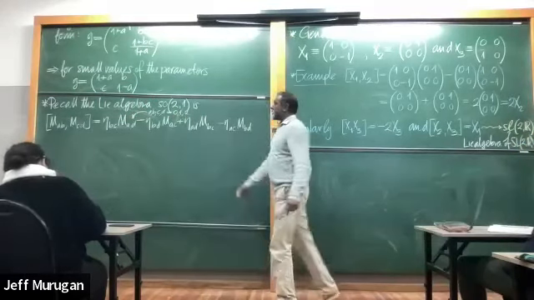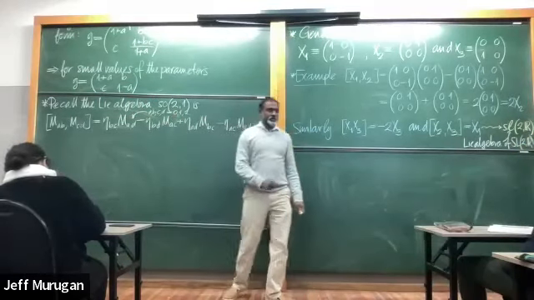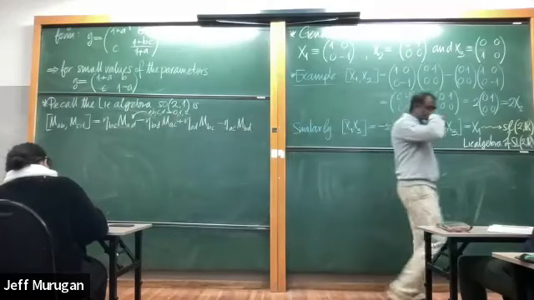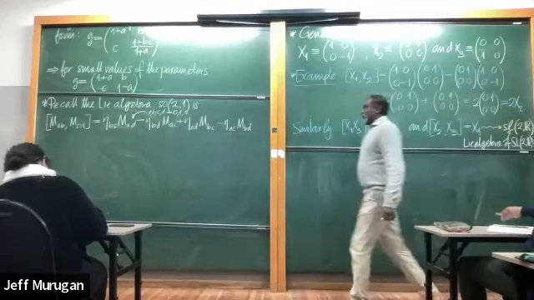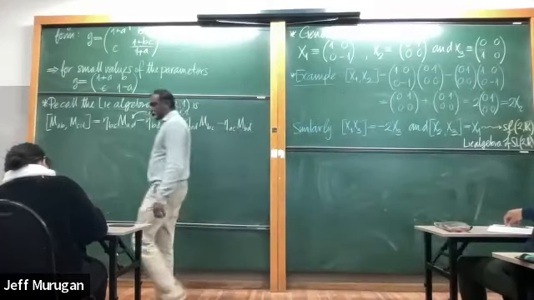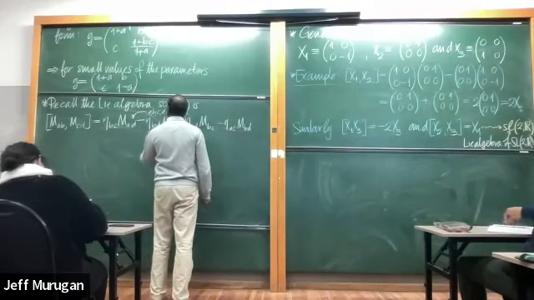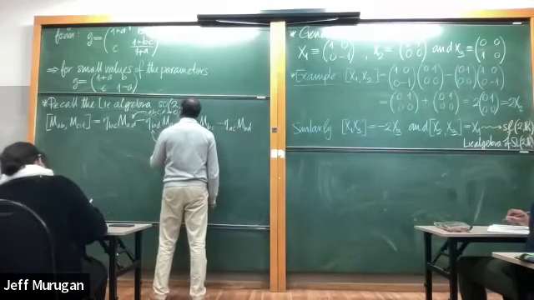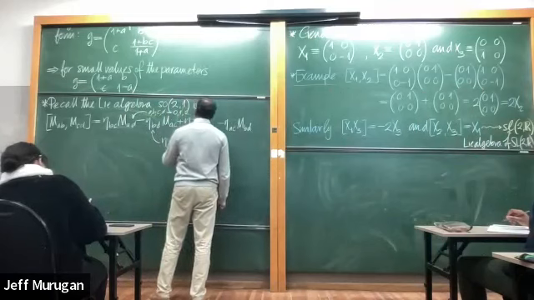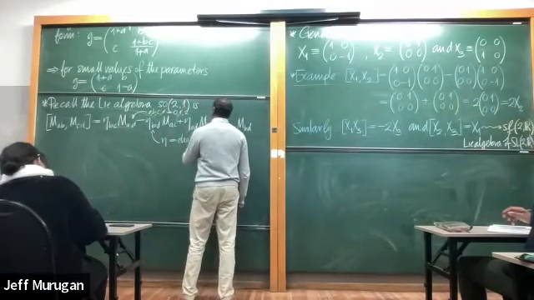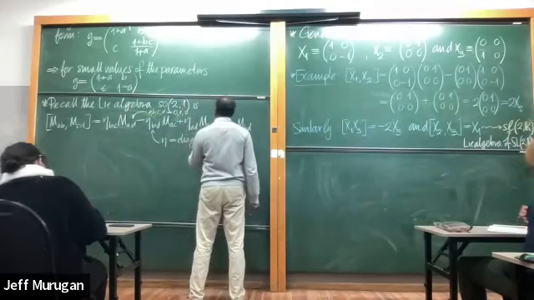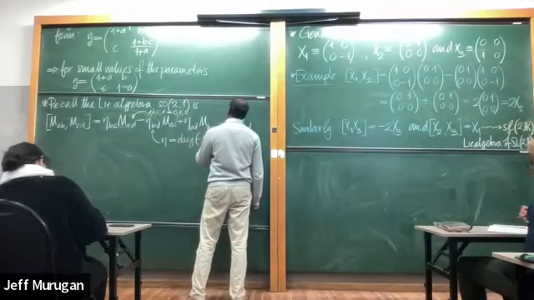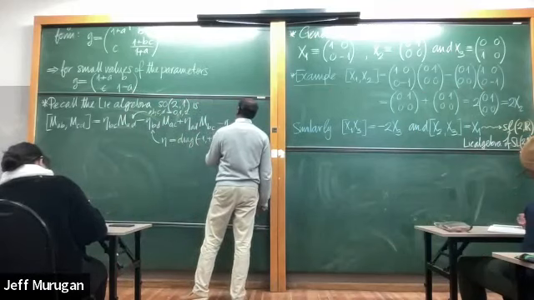So we're talking about a two-space, one-time dimensional spacetime. And eta is the diagonal matrix consisting of minus 1, plus 1, plus 1.